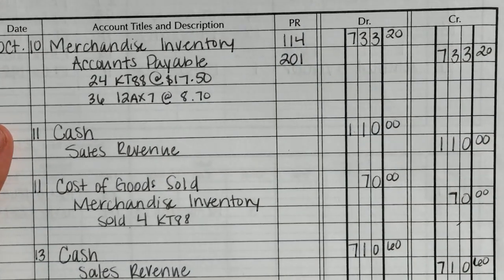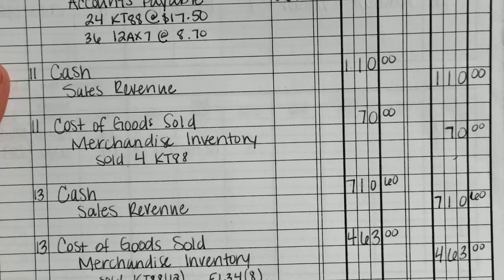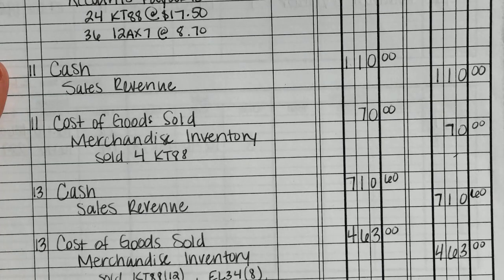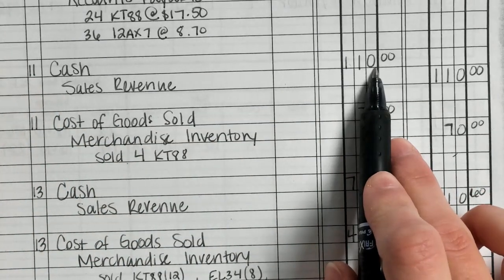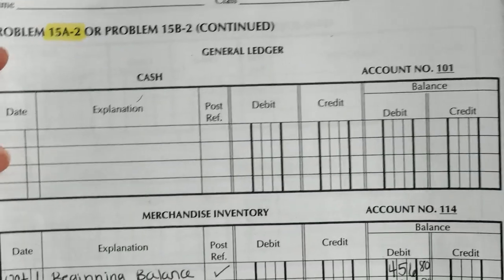Okay, that one's done. Head nod if you are caught up. Alright, let's go to the 11th. Cash debited $110 on the 11th. Find your cash account.